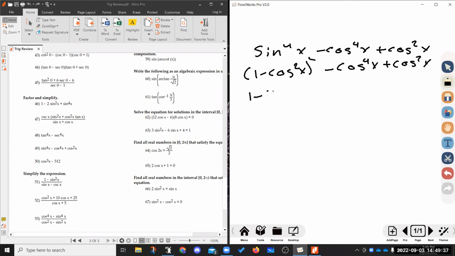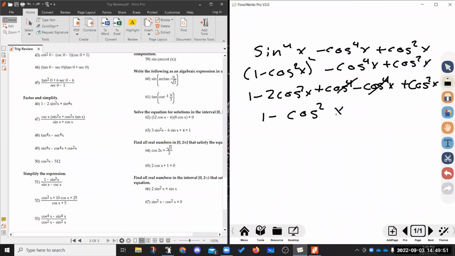So this is going to be 1 minus 2 cosine squared plus cosine to the 4th minus cosine to the 4th plus cosine squared is going to be, that's 0. It's going to be 1 minus cosine squared, and 1 minus cosine squared, that's sine squared. So we've simplified it.